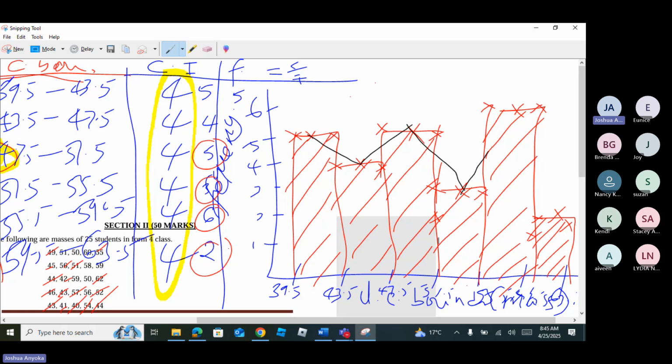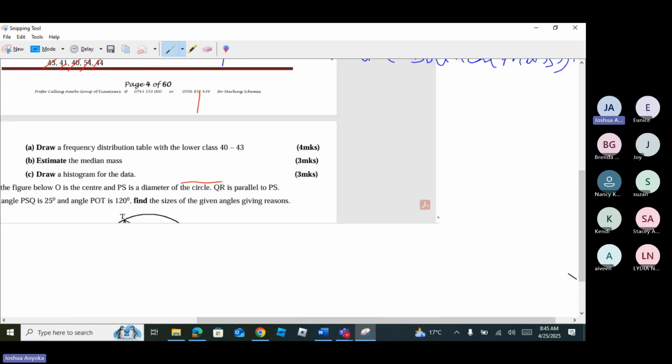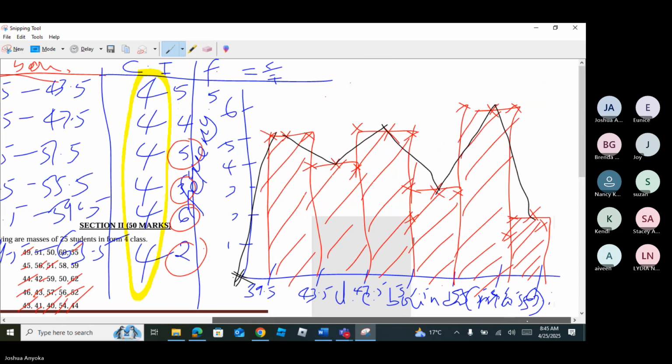It must start from the midpoint of a class that is assumed to be there, and end at the midpoint of another assumed class. So in the same graph, we have drawn a frequency polygon and a histogram. The histogram is the bars, and the frequency polygon is the line I have drawn in black.